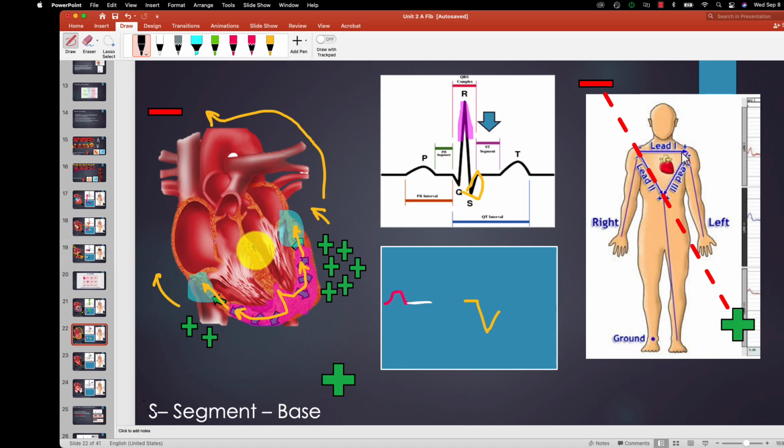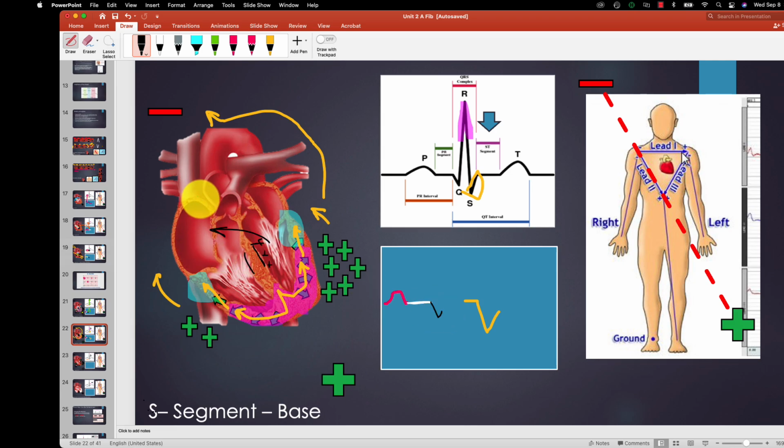And we know that the left guy is a hard worker, the right guy is lazy. So the left guy has to get those positive signals. I'm trying to draw pluses here with my keyboard thing. Okay. And then it's got to send them that way. Right. And we know when we have positive charges heading towards a negative electrode, we're going to have a drop. Right. There's that Q wave.